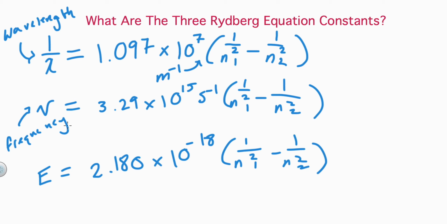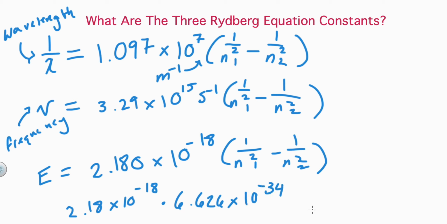How do you go from frequency to energy? You have to multiply it. So you go 2.18 times 10 to the power of negative 18, just like we did before with wavelength. You have to multiply it by Planck's constant, 6.626 times 10 to the power of negative 34.